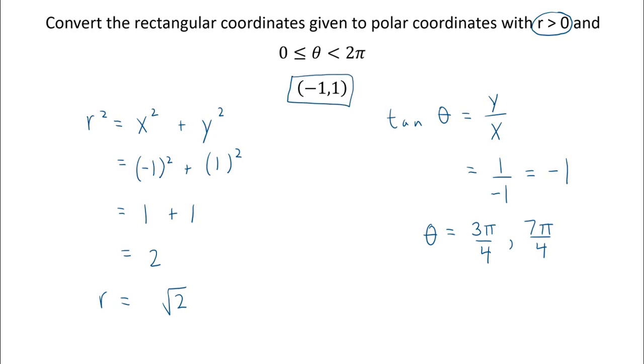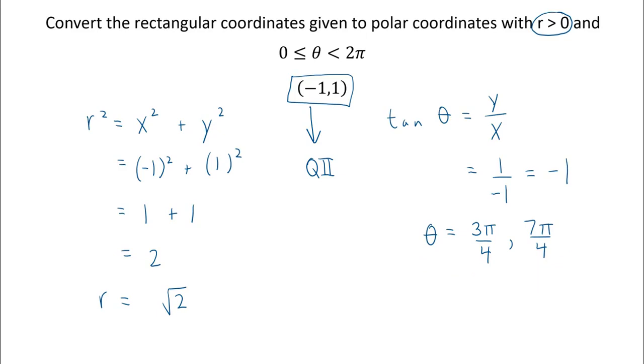The point -1, 1, in the xy plane, is located in the second quadrant. So the angle that I choose from these two thetas has to be an angle in the second quadrant. 3 pi over 4 is that angle.